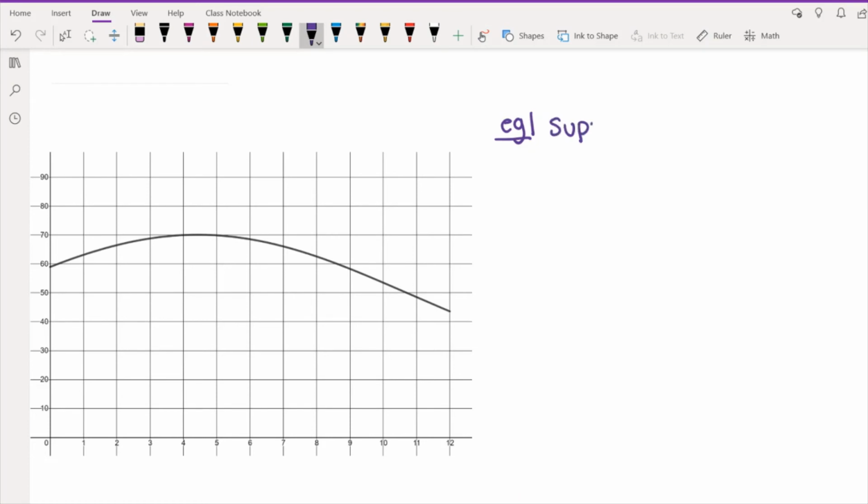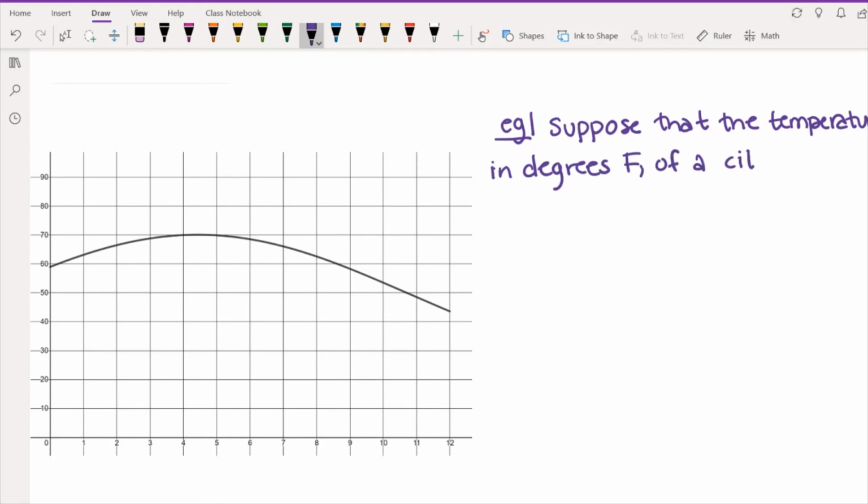So suppose that the temperature in degrees Fahrenheit of a particular city, t hours after noon.